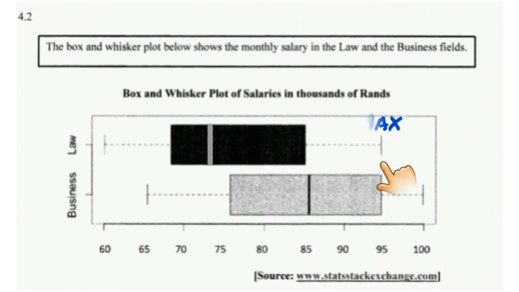So basically we are looking at salaries. It says there the heading, the box and whisker plot for salaries in thousands of rands. So the numbers that you're seeing there represent thousands. So where you are seeing 60, that actually means 60,000 rands. That 65 is 65,000 rands.